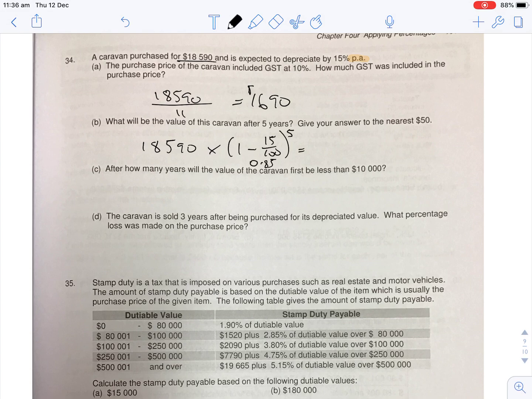Give your answer to the nearest 50. So 18,590 times 0.85 to the power of 5 would give me, in full first, $8,248.48. We want this to the nearest $50, so it would be $8,250 is my final answer.